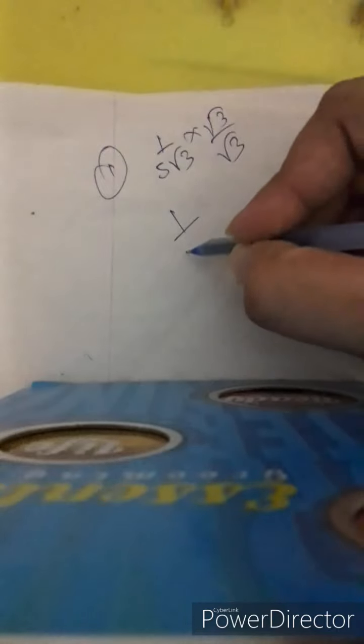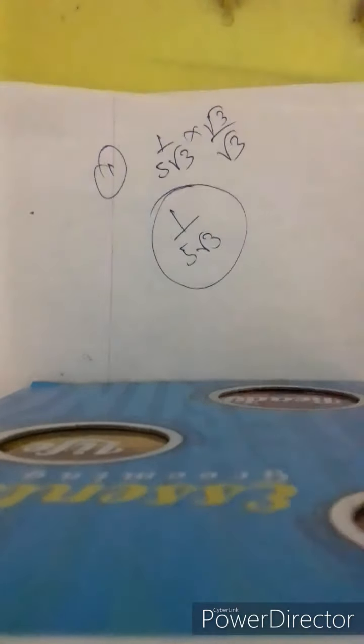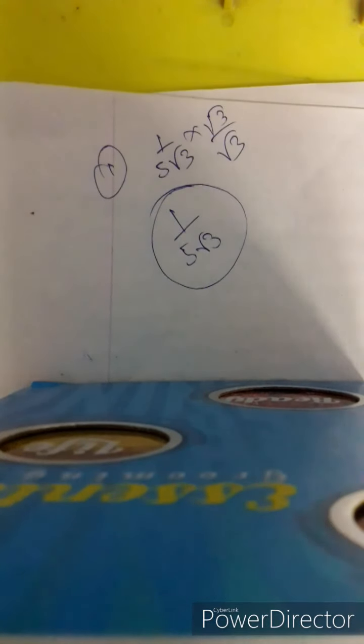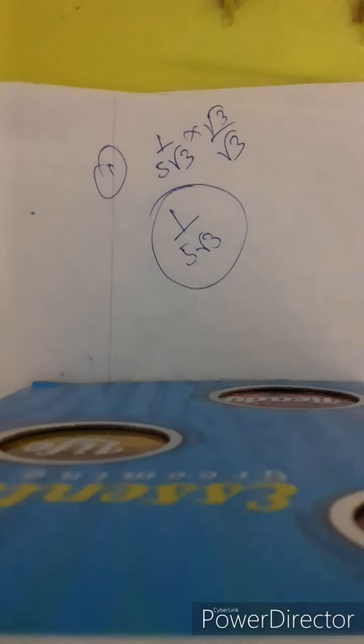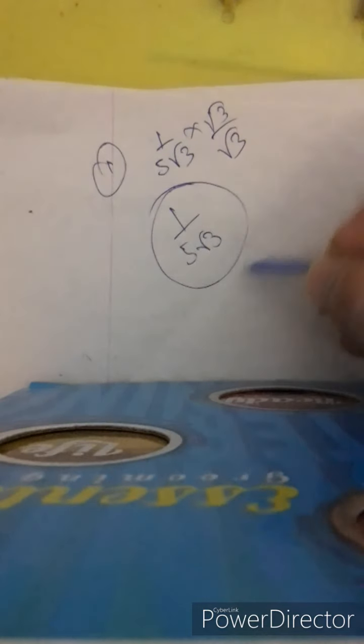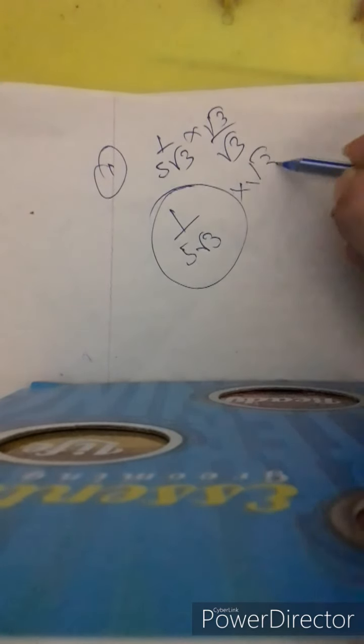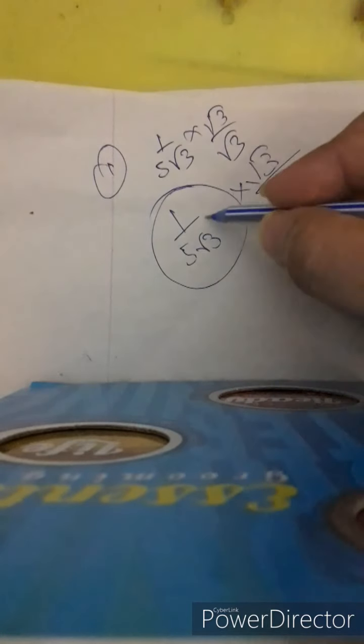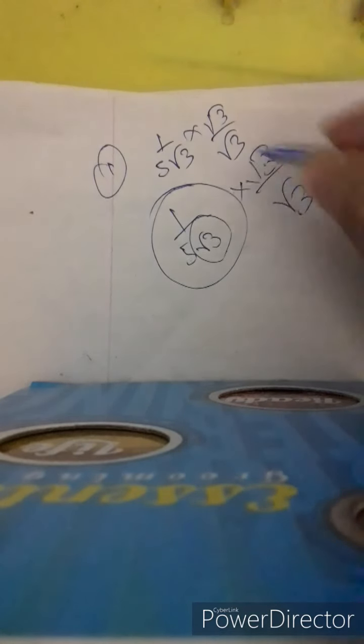Again I am explaining how do we rationalize 1 by 5 root 3. We multiply and divide the numerator and denominator by this root 3.